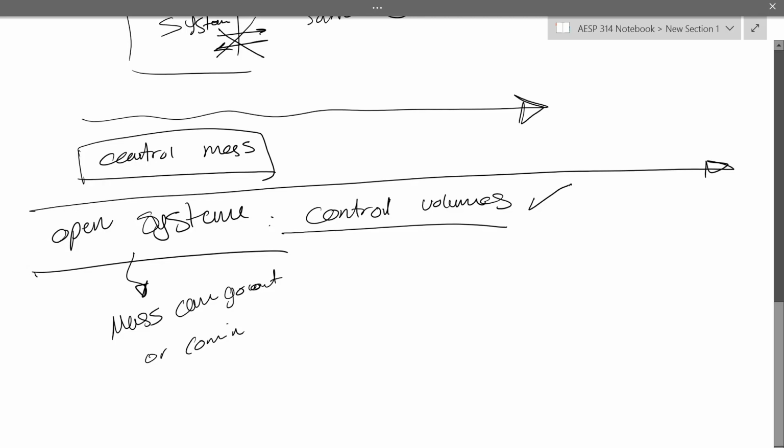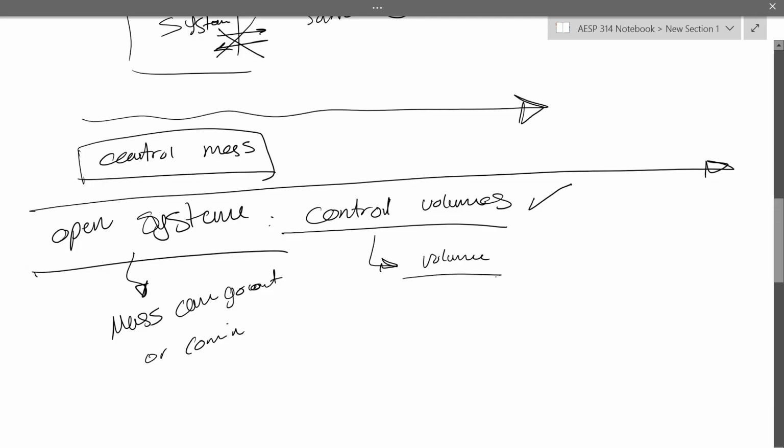So control mass was a system with a specific mass. There shouldn't be any mass change in the control. Yes? No, not necessarily. The volume of the control volume doesn't change. So the mass of this type of system doesn't change, while for a control volume, its volume remains constant.